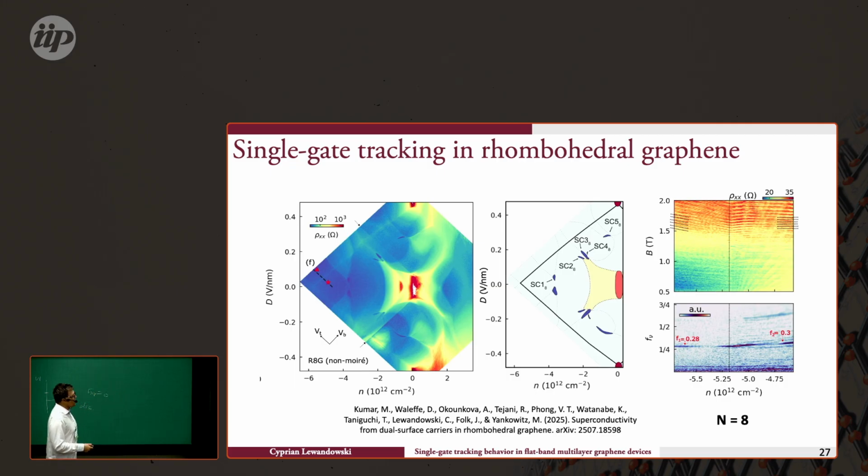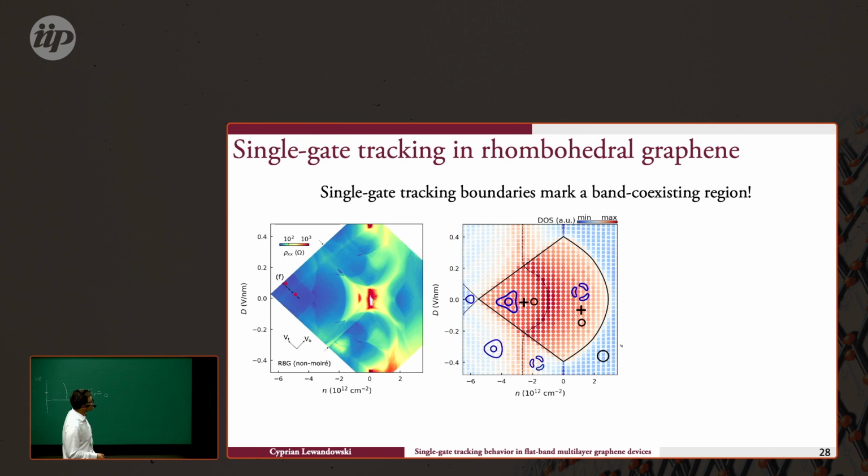And if I were to do fermiology, I would find that it goes from approximately 0.25, which is a fourfold degenerate single Fermi surface, to something which is neither 0.25 nor 0.5, which you could interpret, and that's the way that we think holds, that you have coexisting Fermi surfaces of opposite signs such that they add up to 0.25.